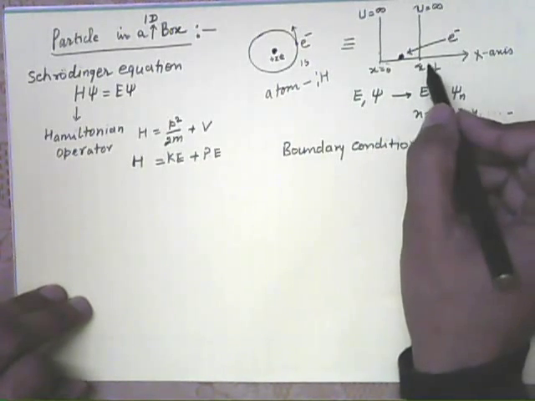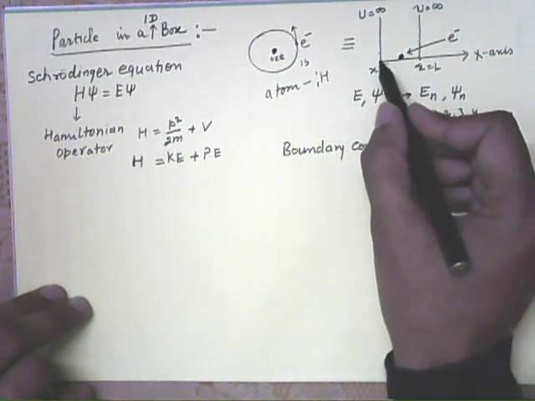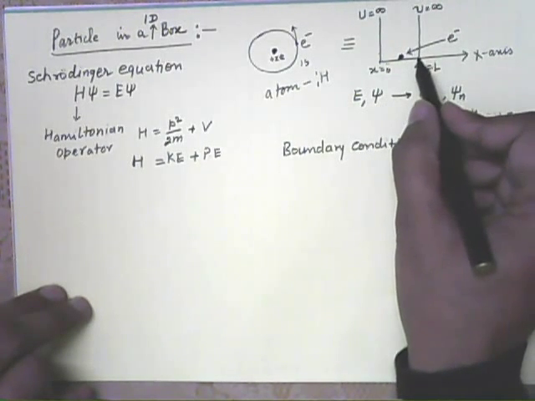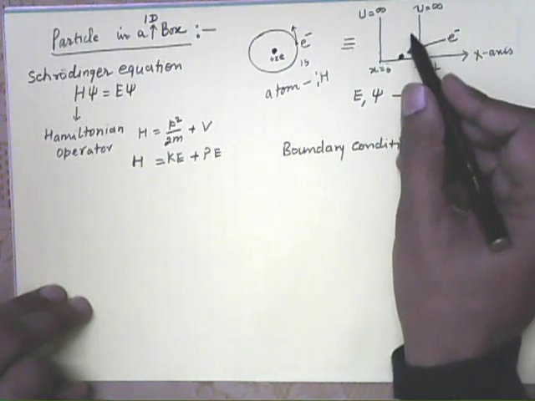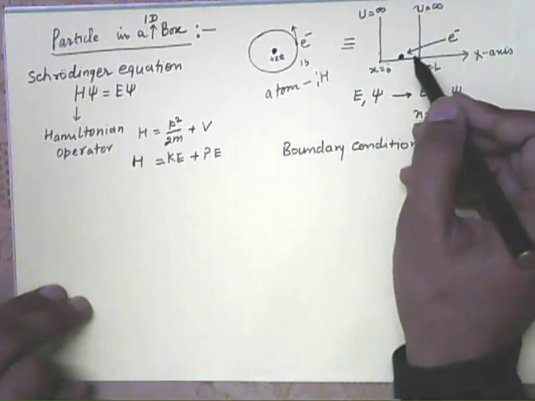Hence there is no wave function at x equal to 0 and at x equal to L, and the potential is 0 inside the well.